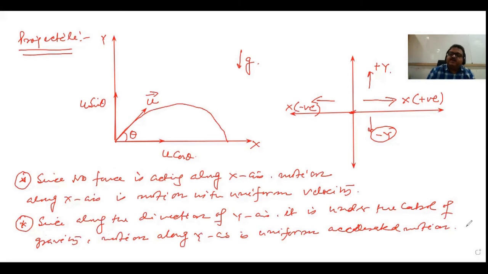So this thing you have to keep in mind. The motion along the x-axis is with constant velocity and the motion along the y-axis is with constant acceleration, that is g. Okay.